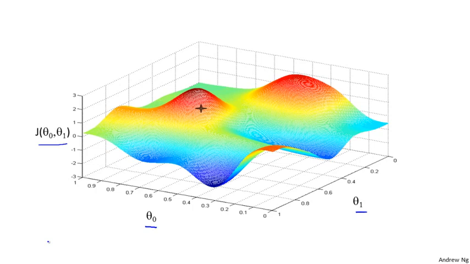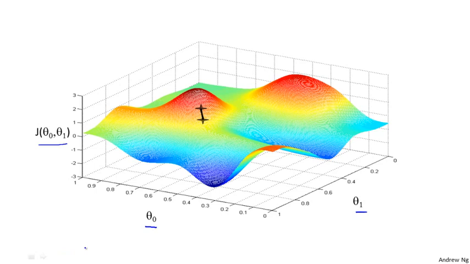In gradient descent, what we're going to do is spin 360 degrees around, look all around us and ask, if I were to take a little baby step in some direction, and I want to go downhill as quickly as possible, what direction do I take that little baby step in? If I want to physically walk down this hill as rapidly as possible? It turns out that if you're standing at that point on the hill and you look all around, you find that the best direction to take a little step downhill is roughly that direction.